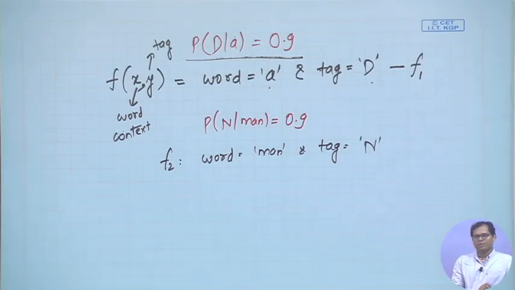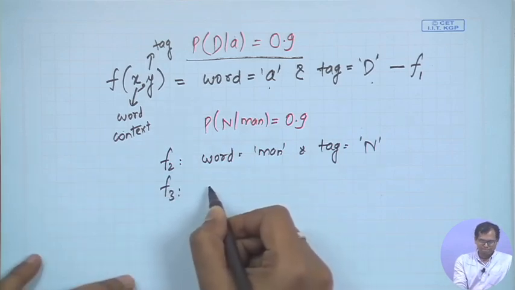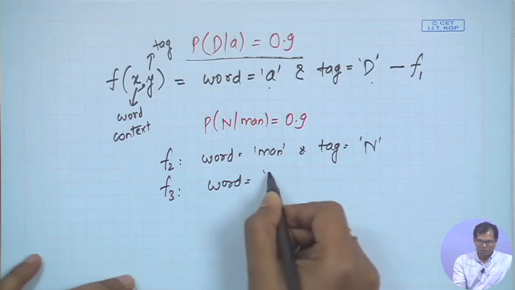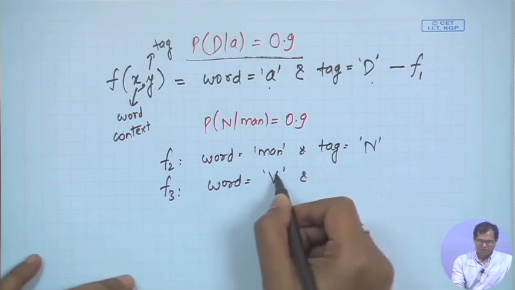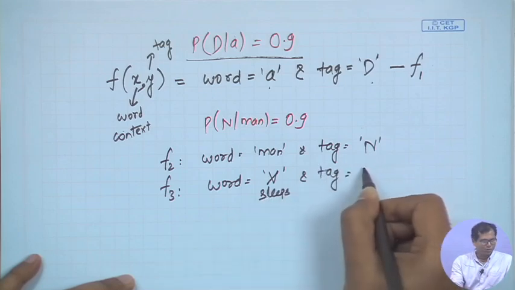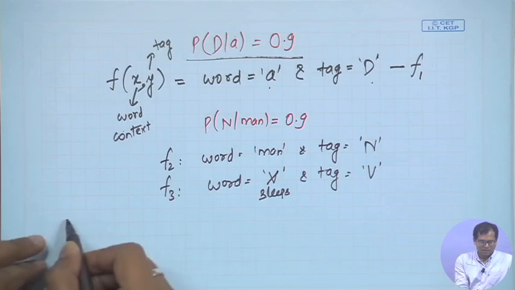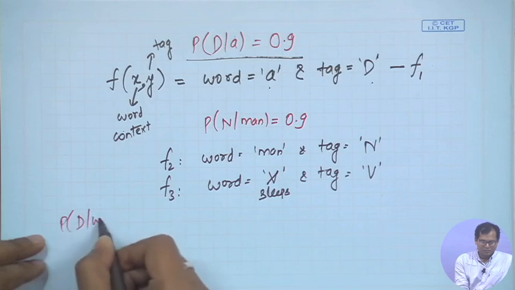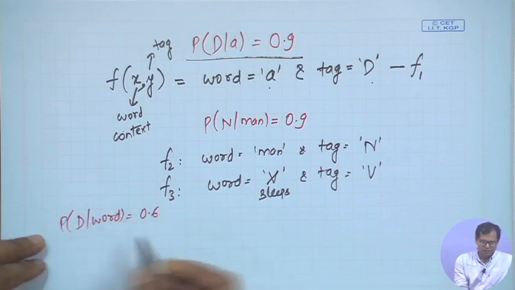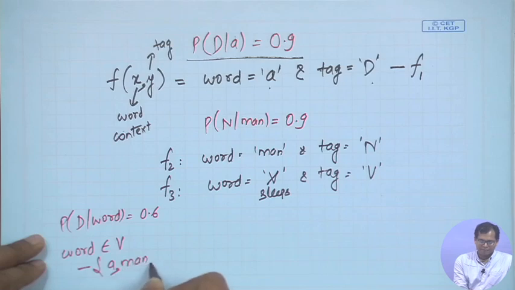Now same way you can do for your third case. So F3 will come out to be word is equal to sleeps and tag is equal to V. Now what would you do for your fourth observation? What is that? Probability D given word is 0.6 for word in vocabulary minus A, man and sleeps.